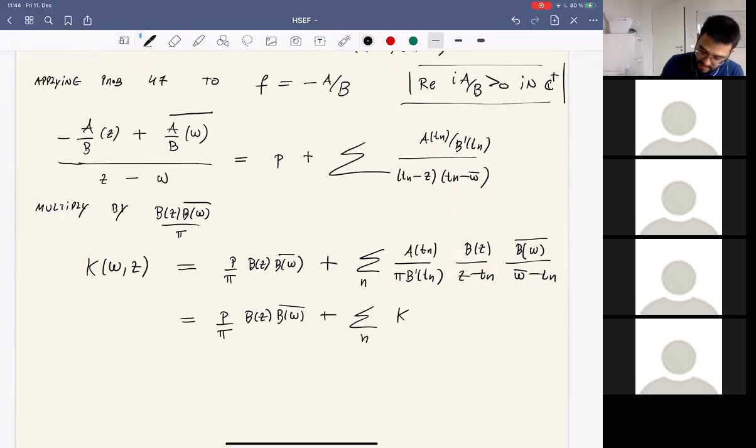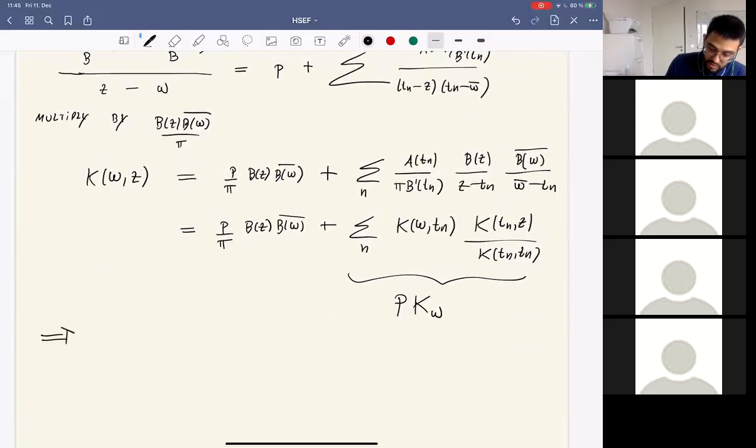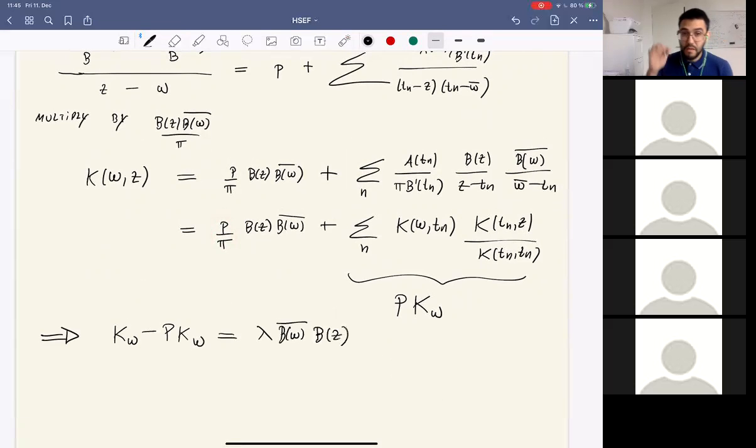This is exactly K of W Tn, K Tn of Z, K Tn Tn, and this bit here is exactly P of K W. Okay, so you conclude that K W minus P of K W equals some lambda, which would be this P over pi here, B W bar, and then P of Z. Okay, which was exactly what we wanted to show.